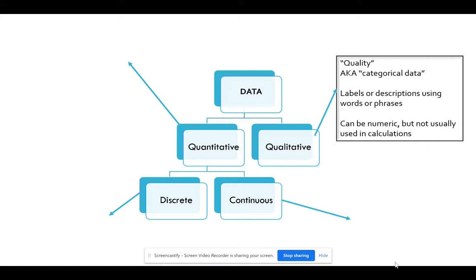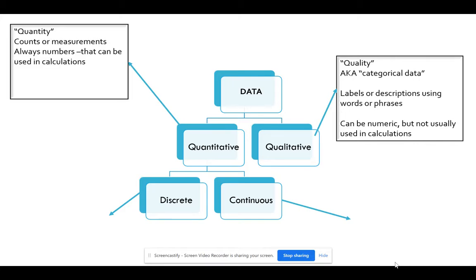Your Georgia Highlands ID number would be another example, as would your driver's license number, or the number on a jersey for a particular player, whether it's in football or baseball or softball. So qualitative data is primarily words or phrases, although it can be labels or numbers, but it's not used in calculations.